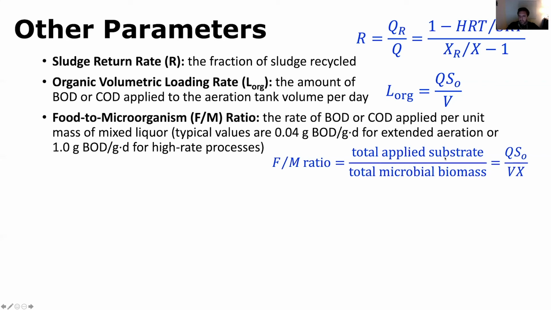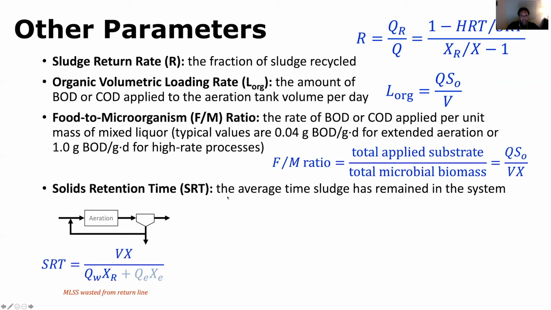All right, so it's the total applied substrate divided by the total microbial biomass, and it's calculated as the flow rate times the substrate concentration divided by V times X. Very similar to the organic volumetric loading rate, but we utilize the biomass concentration in the denominator in order to normalize it for the microbial biomass, not just the volume.